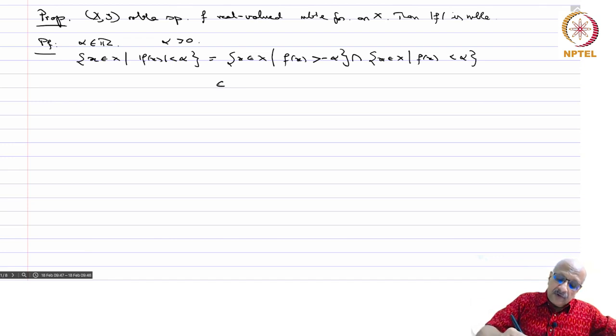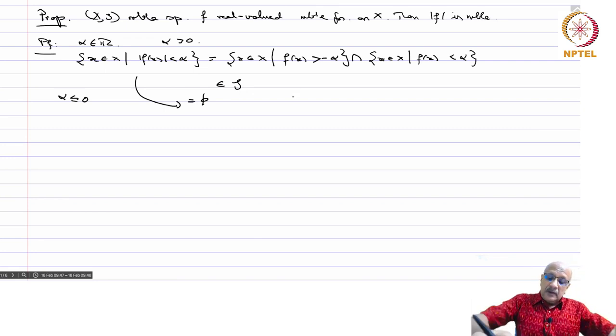Okay, and therefore this belongs to S because f is measurable. And if alpha is less than or equal to 0, then this set is empty, and therefore you have that. So therefore |f| is measurable.